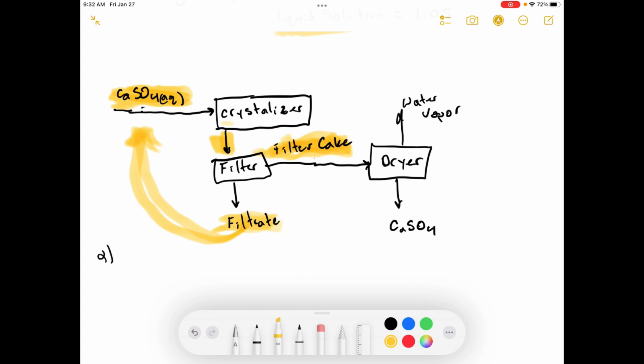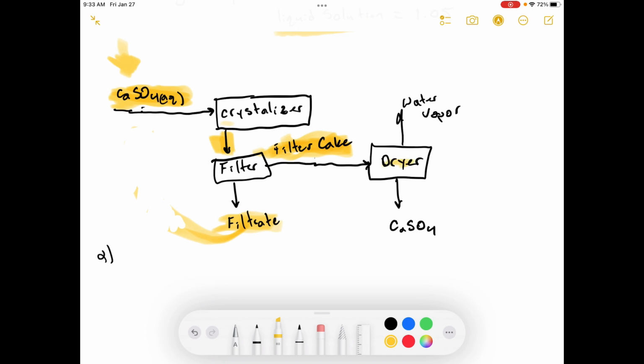And then you have probably some sort of feed stream that has a higher concentration of calcium sulfate. Or maybe this is a low enough concentration that you don't need to do this, and this filtrate just goes to waste. Whatever, the main purpose of the filter is just to separate the solid particles of gypsum out.